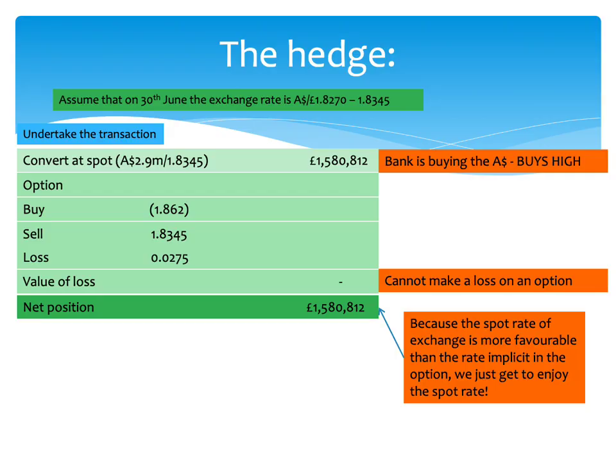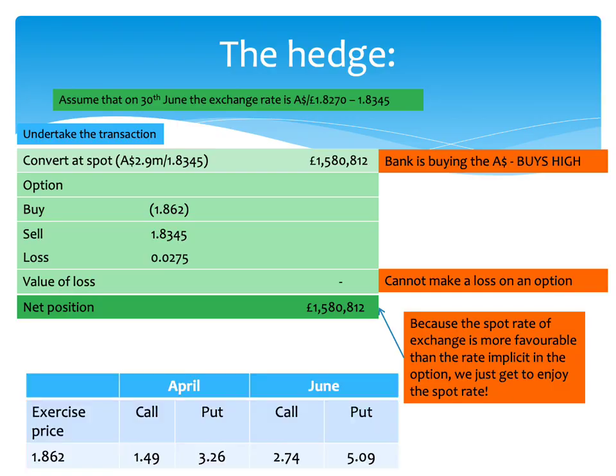Unfortunately, if you remember, when you have options, there's also a premium that you have to pay, which we haven't taken account of yet. So if we have a look back at the premium table, this is the premium table we were given before, we've actually decided which premium we need already, because we know we've got June call options at an exercise price of 1.862.